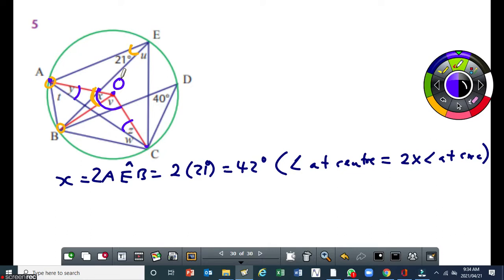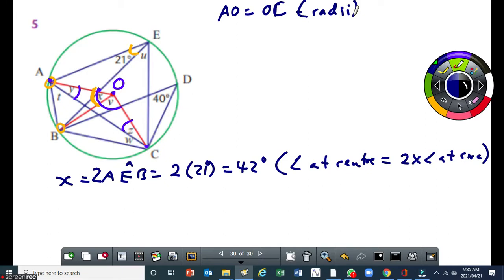Because of this space here, I might have an issue, but let me try to write it on top. So what I will say is AO is equal to OB, so OC. Why? Because they are radii of a circle. That's where I'm going to start.